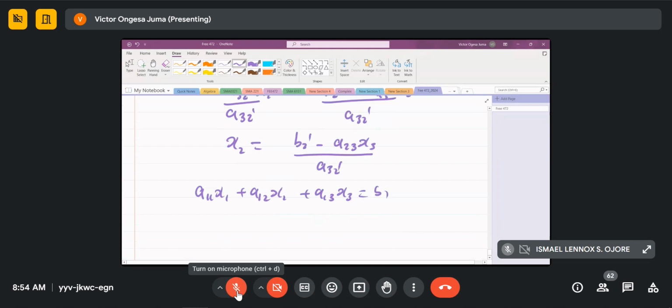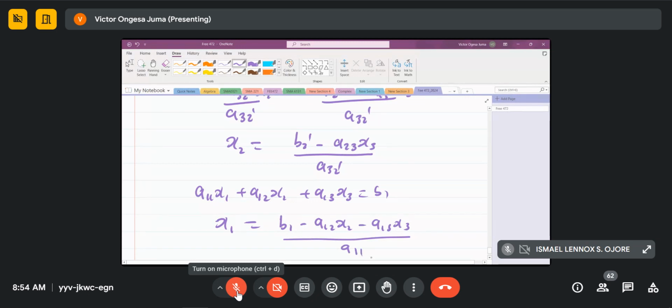But remember here, we know X2, we know X3. So the only unknown we have is X1, where X1 is B1 minus A12 X2 minus A13 X3, divided by A11.